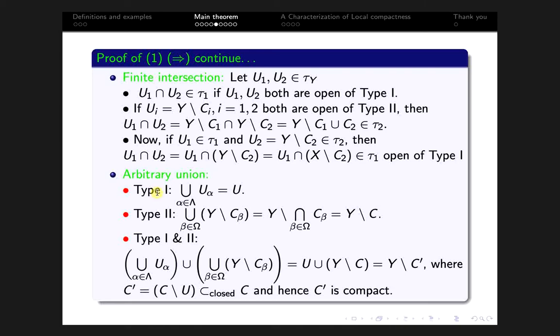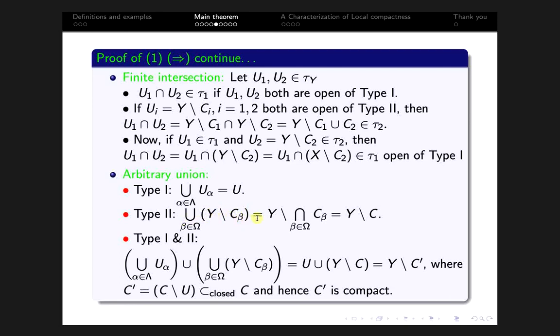So suppose Y minus C beta, where beta belongs to omega, is a collection of open subsets of type 2.